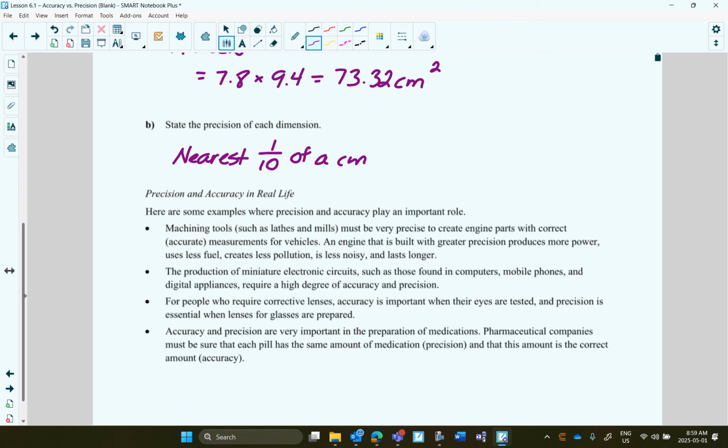And again, it shows you the difference between precision and accuracy: if you get the same amount of medication every time you measure, that would be precise. And if you're getting the actual amount, that would be accuracy. Okay, that's it.